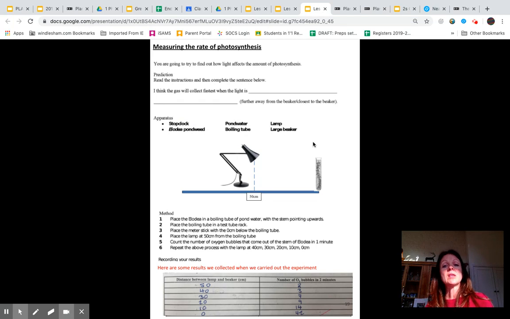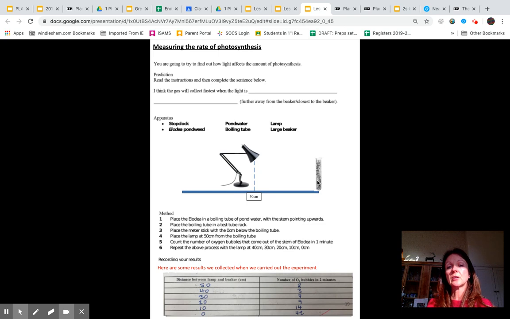But what we do in the lab is we use the most simple version here. So if you were in the lab, you would now be collecting these pieces of apparatus. You'd collect a lamp, you would collect a meter ruler here, which sits along here.